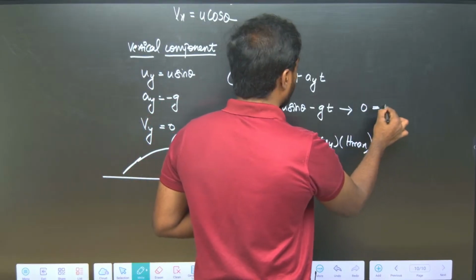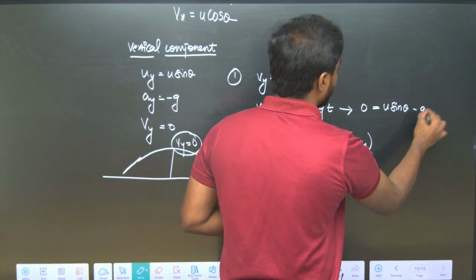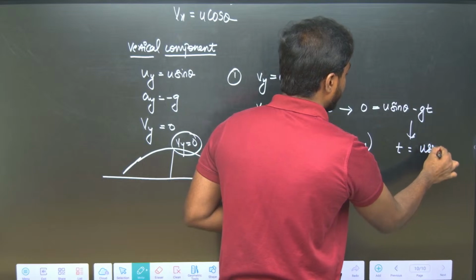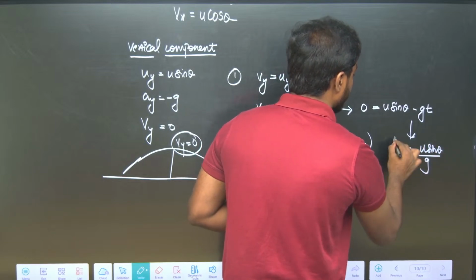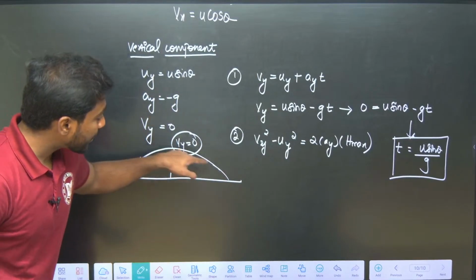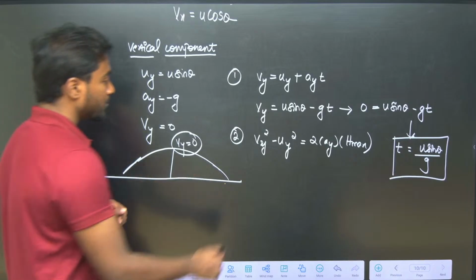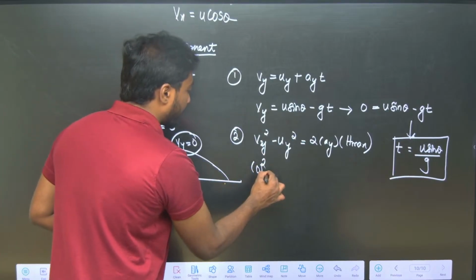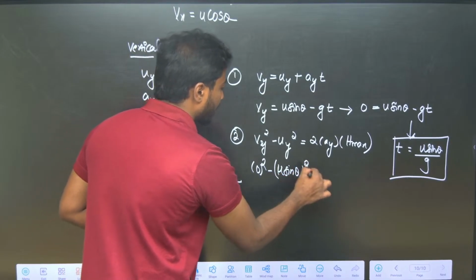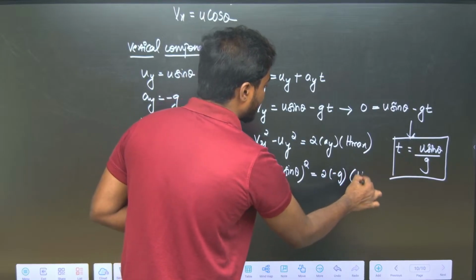So 0 will be equal to u sin theta minus gt, whereas t will be equal to u sin theta by g. This is my time taken to reach the maximum height. Again the same time will be taken to reach the ground level, right?